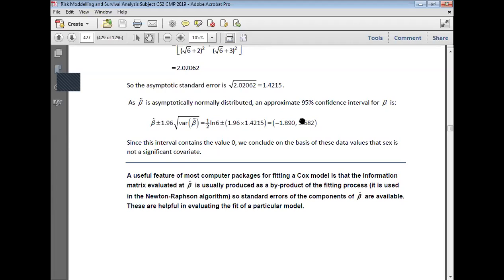So now what you can conclude is that the force of mortality does not vary with a person's gender, because the beta for the gender variable is likely to take a value of 0. So that is how you figure out whether a particular covariate that you're looking at is significant or not, whether it is important or not to explain the force of mortality.